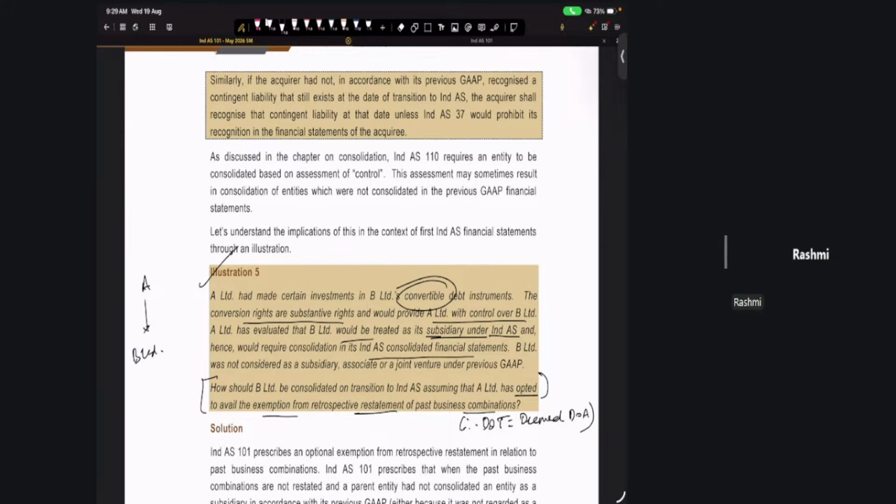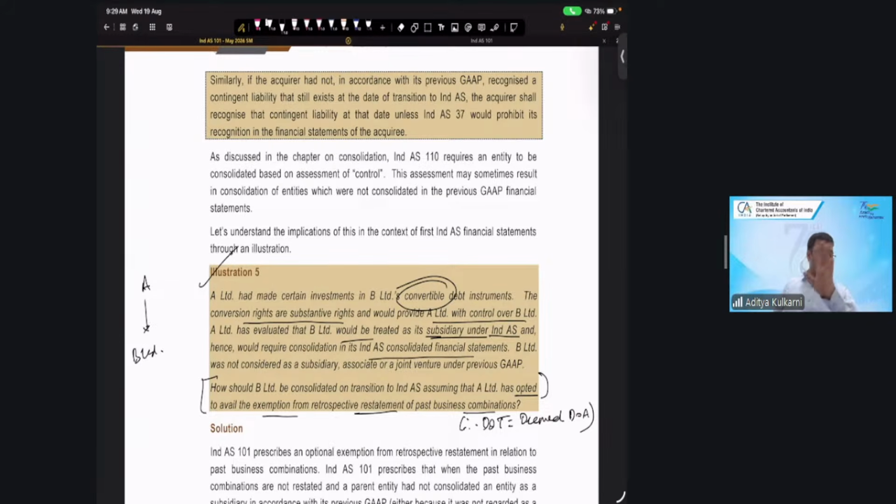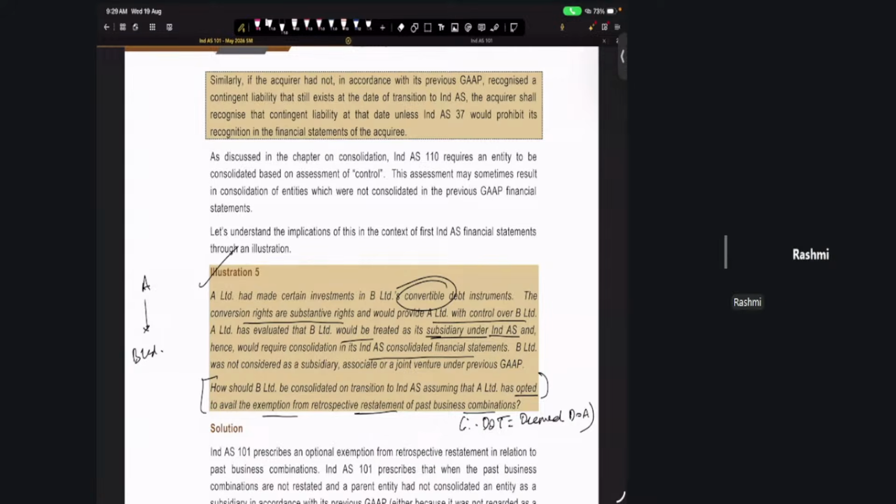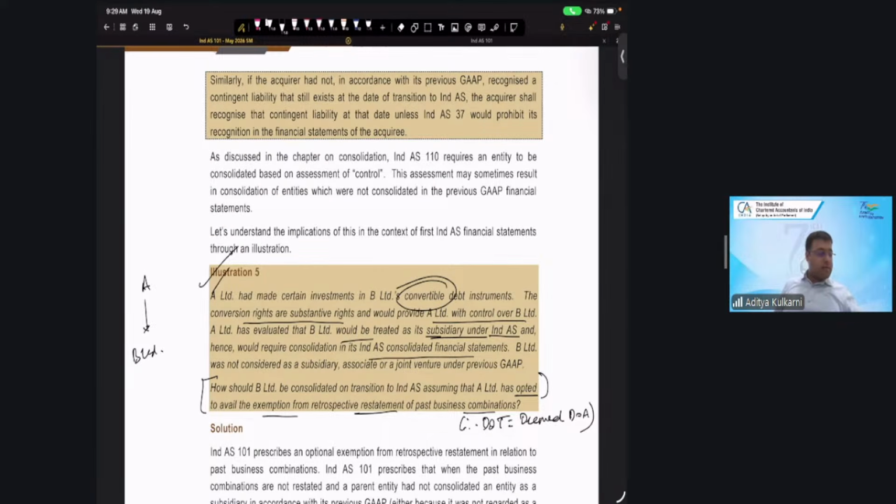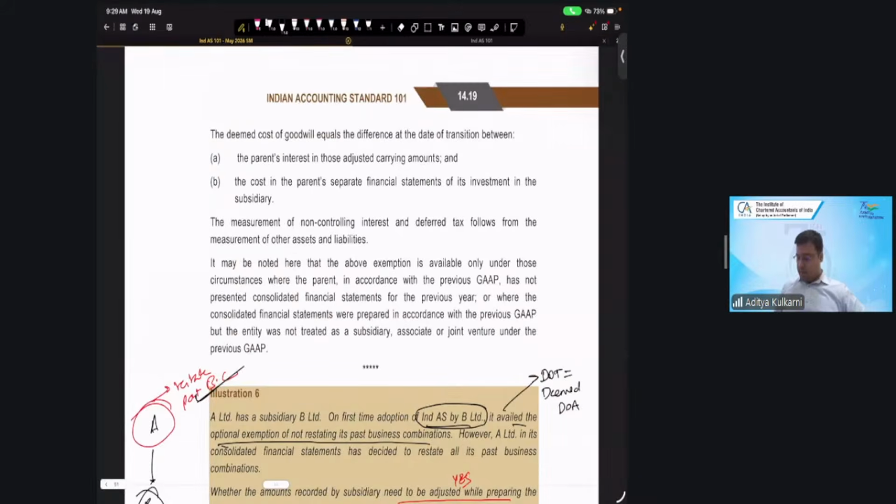Okay, sir. Net assets of B will be taken over, goodwill will be calculated, NCI will be calculated, everything from the date of transition. Okay. Yes, sir. Done. Good. So that is done. Then the next one.